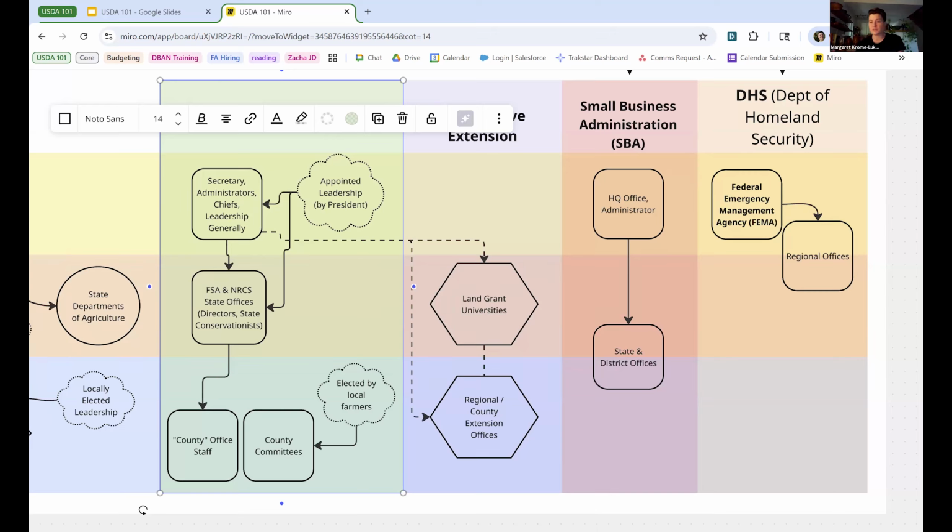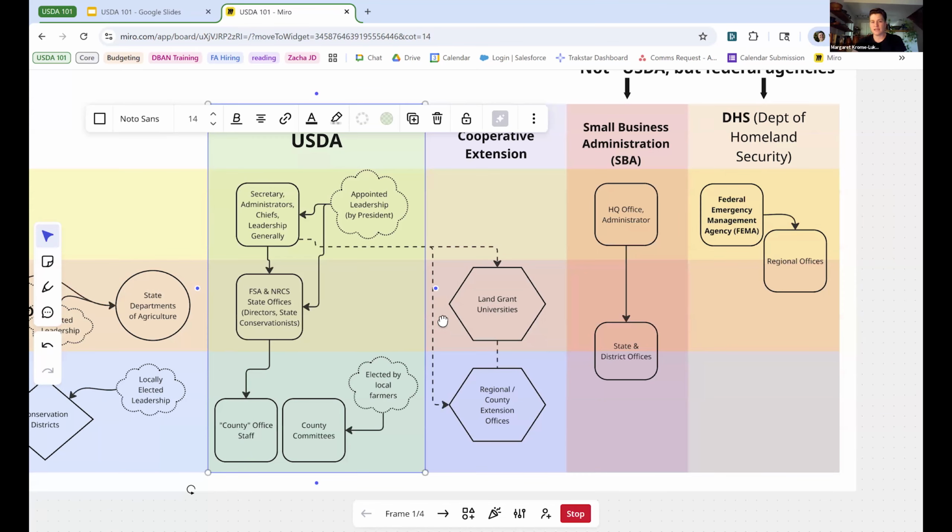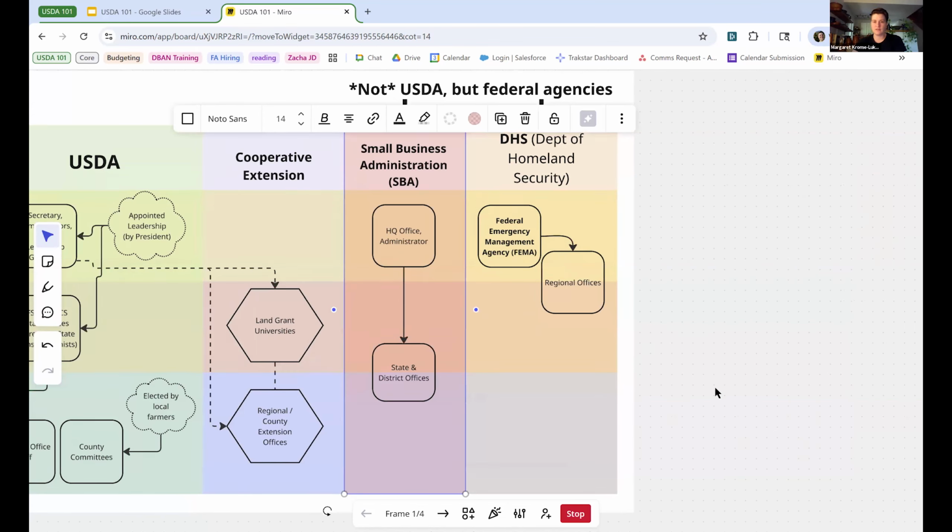So, mini rabbit hole, we'll zoom back out. Two agencies that are not a part of USDA, but they are federal agencies and farmers may want to know about them.